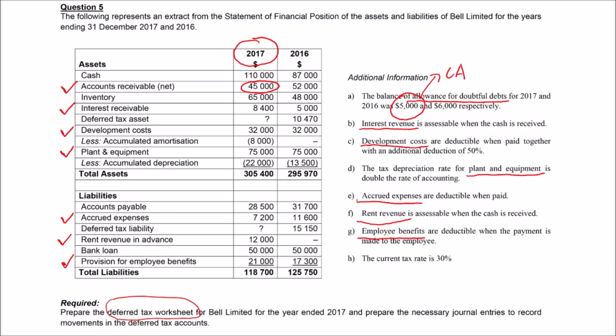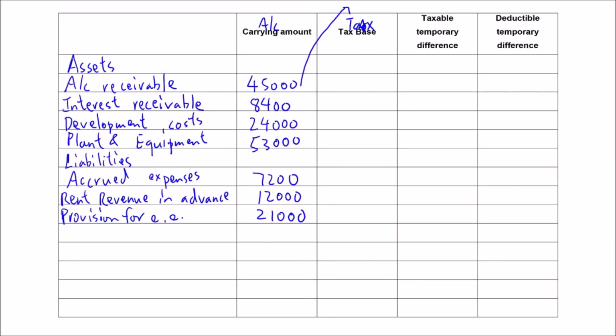As a result, we need to add it back to the account receivable. So for this one, we add $5,000: 45,000 plus $5,000 of the allowance for doubtful debt. The tax base will be $50,000. So that will be the first one.